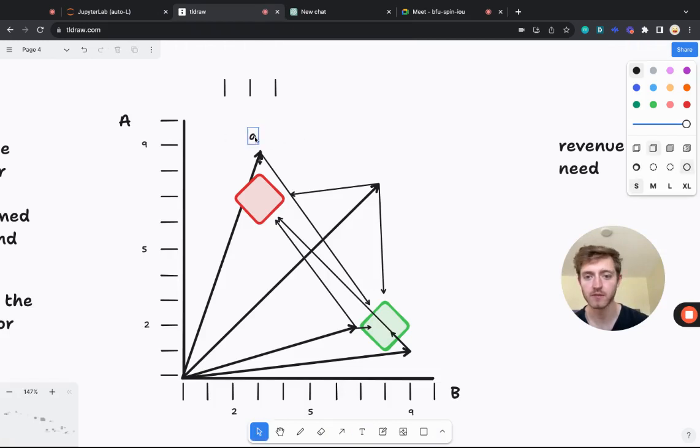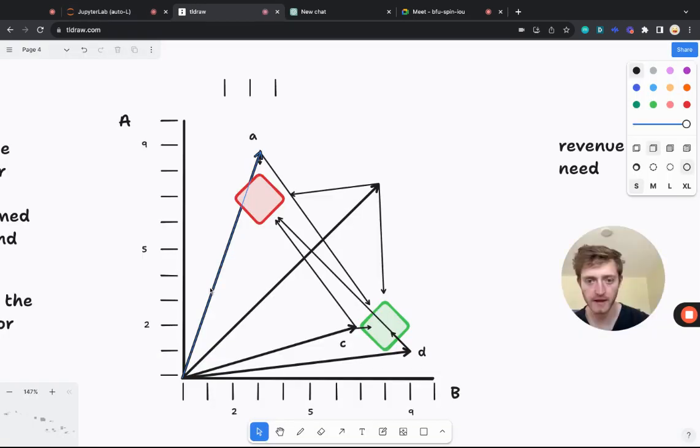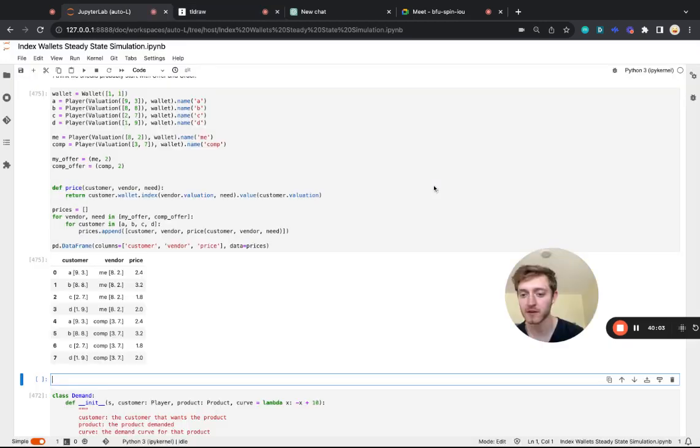A is up here. B, C, and D. From customer A, well, let's do B first, I think, because it's easiest to label.